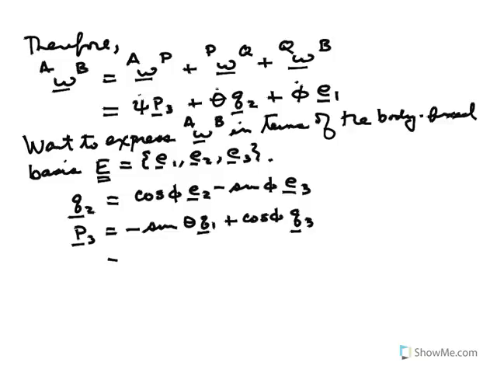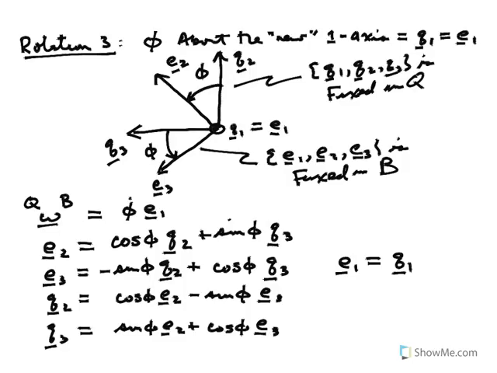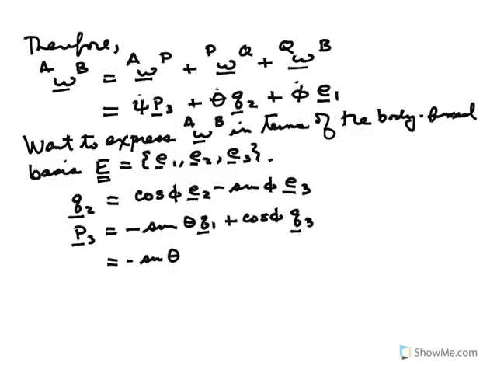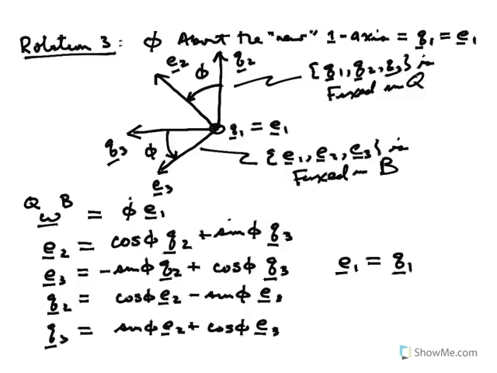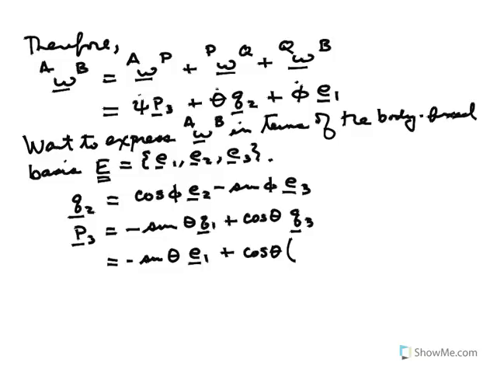But what's Q1 equal to? Q1 is equal to E1. So this is equal to minus the sine of theta E1 plus the cosine of theta times Q3. But Q3 is equal to sine of phi E2 plus cosine of phi E3.